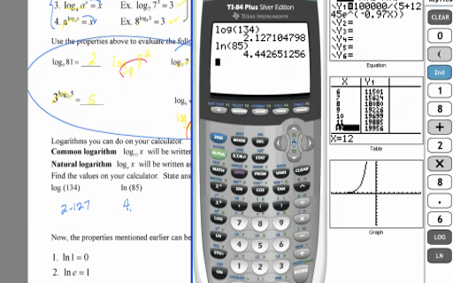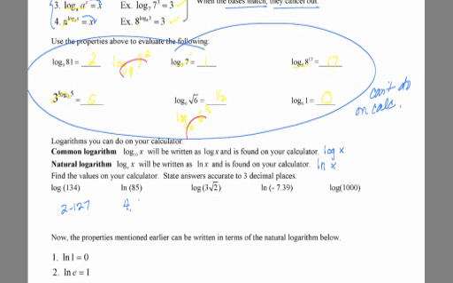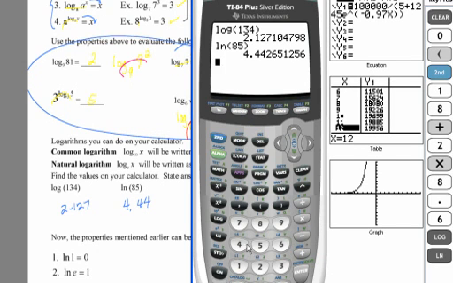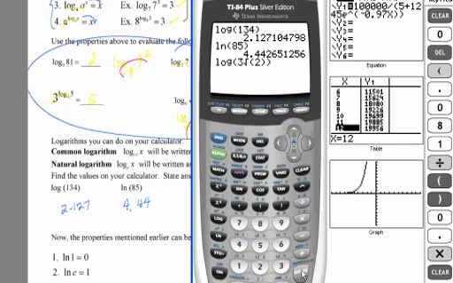I lost that number, 4.44. Let's hit the next one. Log of 3 times the square root of 2. 3 square roots of 2. 0.627.